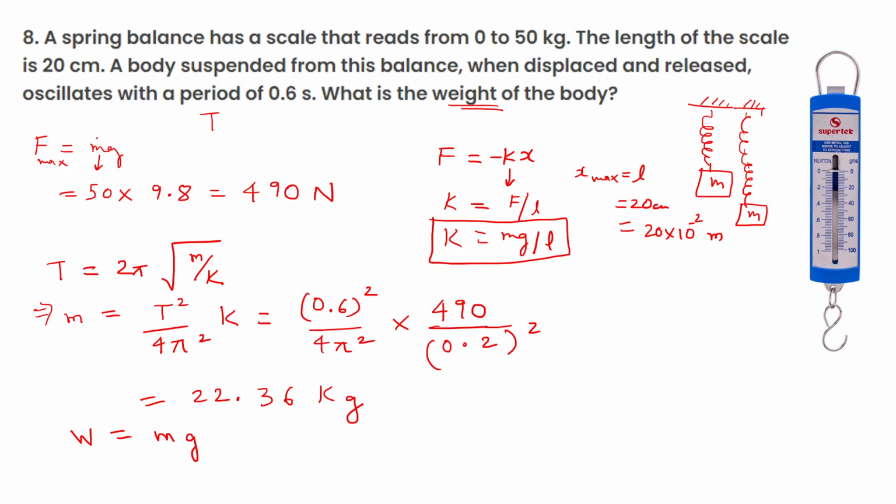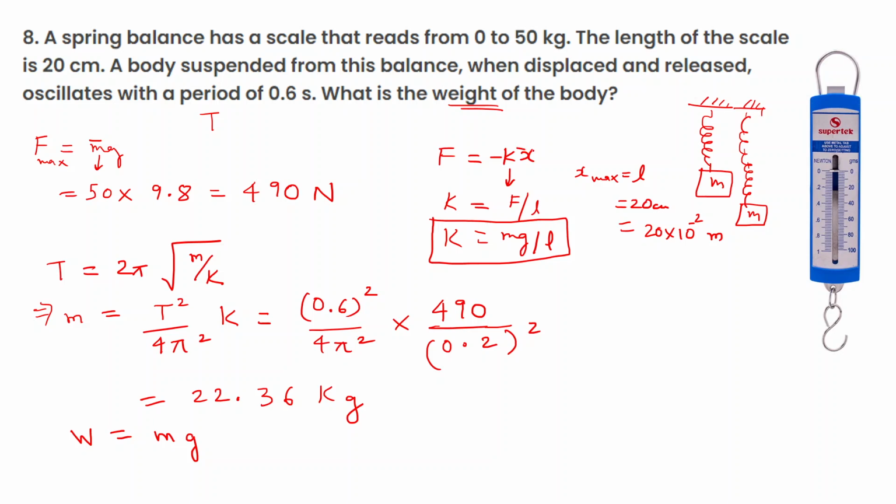So using this maximum weight and maximum extension expression, we calculated the spring constant for this spring balance. Now, because it's a constant value, using this we are calculating the mass. Just to differentiate, this was m maximum, m bar I'm calling it.